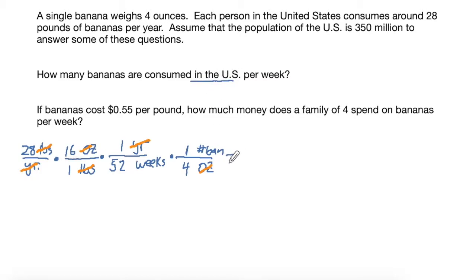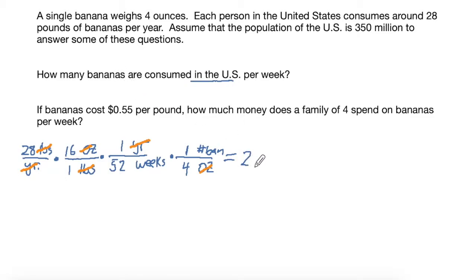Almost there. We got the per week part, but this is the one we're missing. So let's get an answer here because it's starting to get a little bit long. So we're going to have bananas per week per person. Alright, so it's going to be 28 pounds, 28 times the 16 in the top, divided by the 52 in the bottom, divided by the 4 in the bottom, for a grand total of 2.2, give or take a little bit.